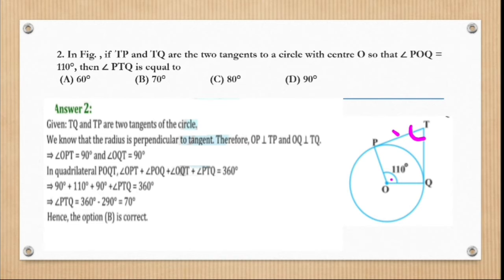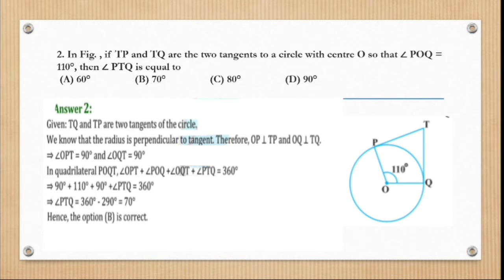Since TP and TQ are the tangents, they will form 90 degree at the point of contact with the radius. So this angle will be 90 degree and this angle is also 90 degree.